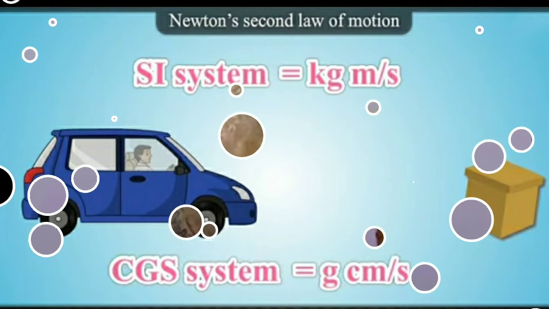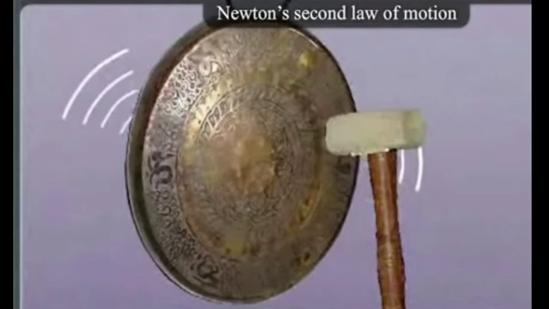If an unbalanced force applied on an object causes a change in the velocity of the object, then also, children, it causes a change in its momentum. The force necessary to cause a change in the momentum of an object depends upon the rate of the change of momentum.